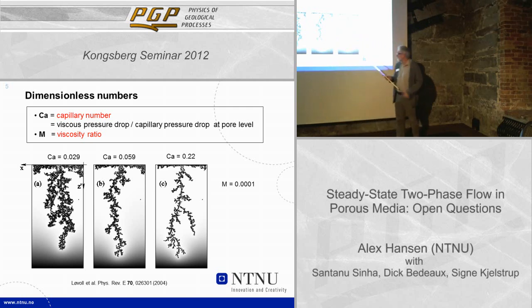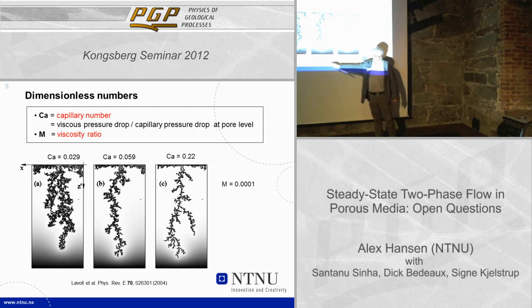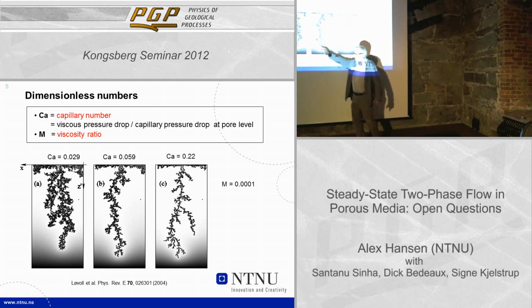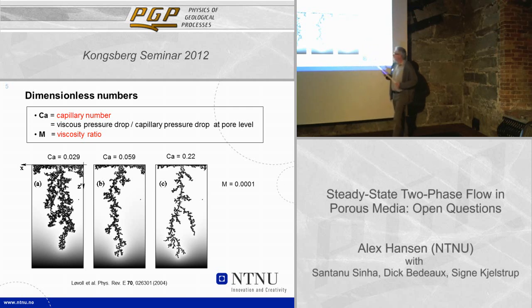And here are three runs of the system I just showed you at different capillary numbers. And so this is high rate, intermediate rate, and low flow rate. And what you see here at the high rate, you're basically producing a plant, sort of the branching system of a plant.